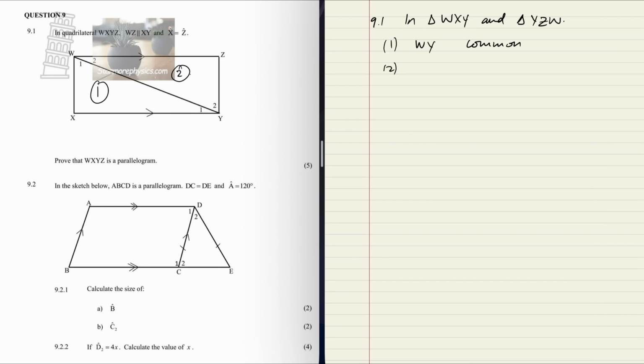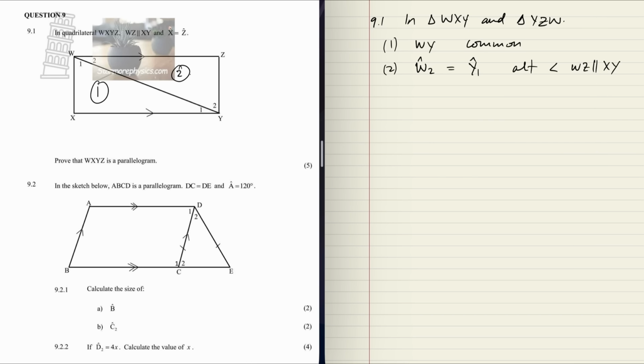I also know that W2 is equal to Y1, and that's alternate angles. They tell us that WZ is parallel to XY.